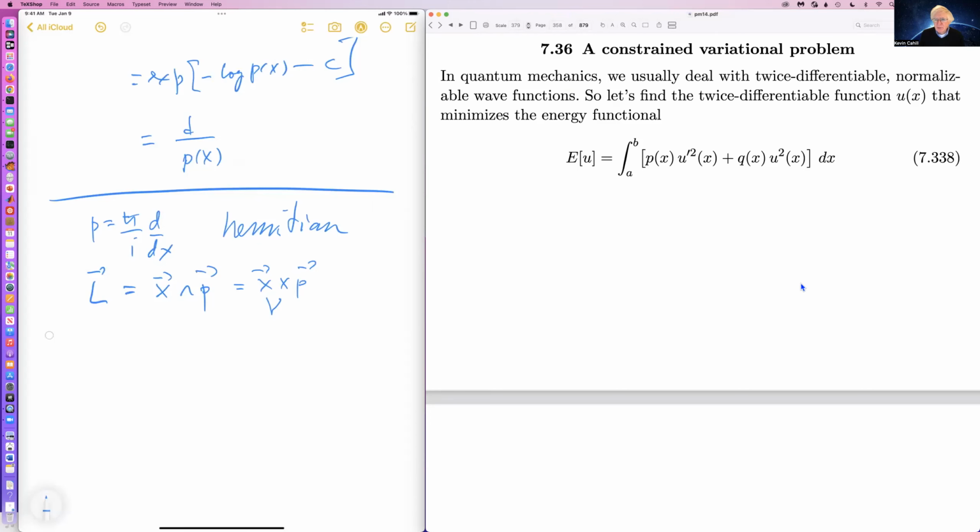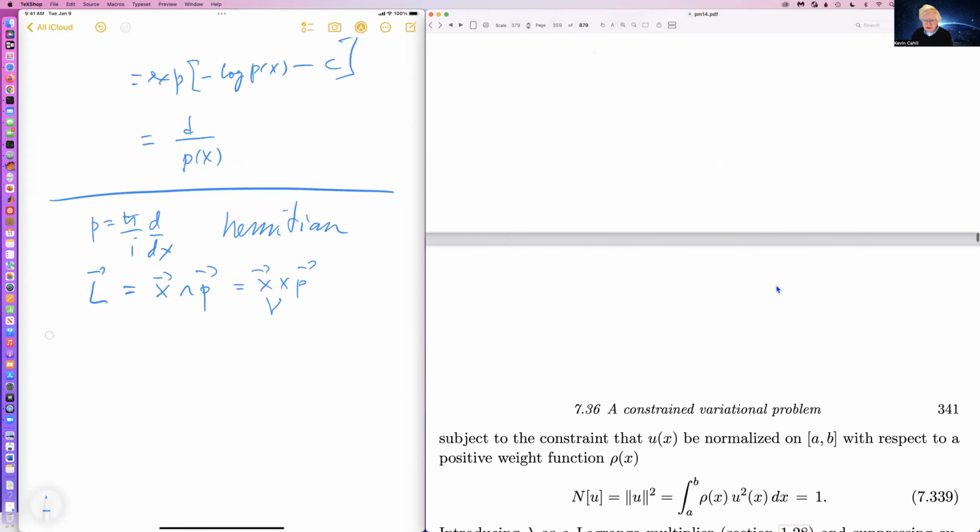So now let's think about finding functions that maximize or minimize the energy functional, but subject to conditions. And one condition would be that the function be normalizable.